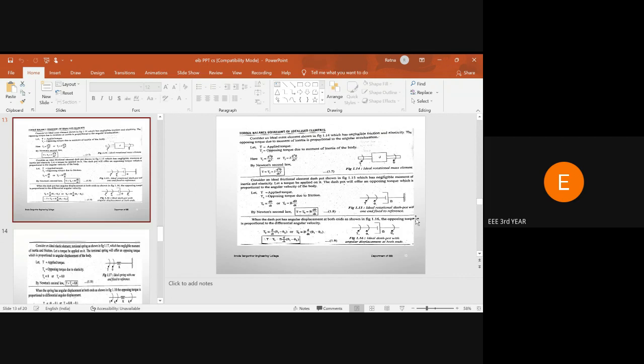Next, the dashpot. Opposing torque due to friction is equal to Tb. So Tb is directly proportional to d theta divided by dt. Theta is the angular displacement of the dashpot. So by Newton's second law, opposing torque due to dashpot with one end fixed means Tb equals B into d theta divided by dt.